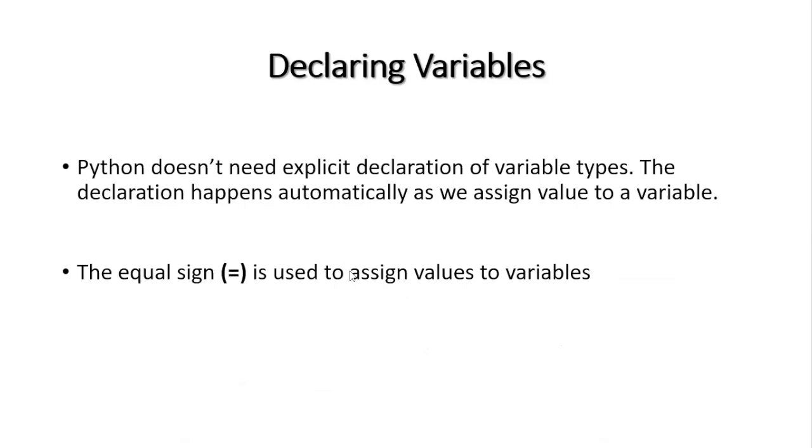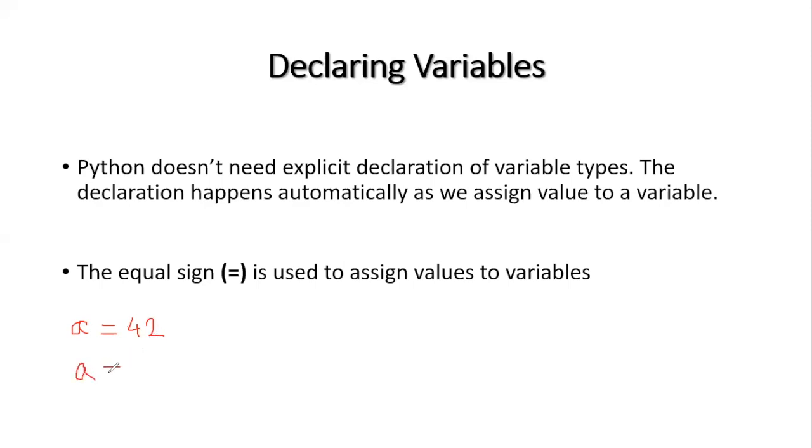How do we declare a variable? Python doesn't need explicit declaration of variables. The declaration happens automatically as we assign a value to it. What it means is, if A is a number which is equal to 42, what we do is A equals 42. It understands that A is a number, an integer.